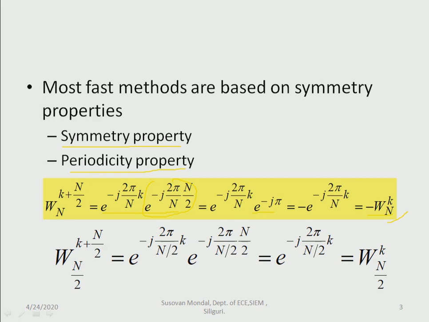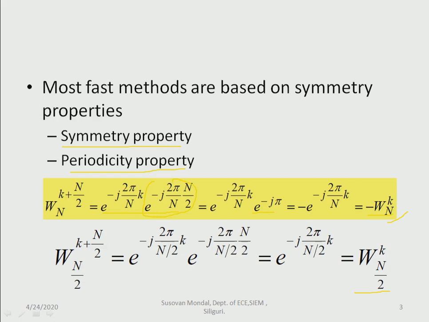Now what is periodicity? We already discussed the properties of twiddle factor, where we said that twiddle factor is periodic in nature also. So this is the proof of that. By applying the periodicity property, W N by 2 to the power k plus N by 2 can be written as W N by 2 to the power k.